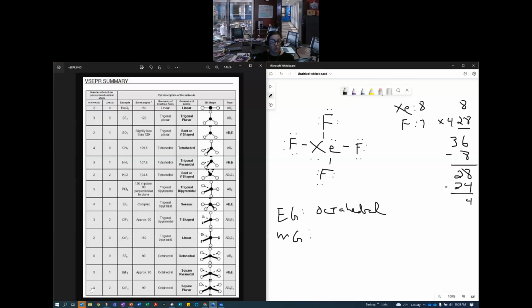So 4 bound, 2 non-bound, just like XeF4. We're still looking at approximately 90 degrees, an electron geometry of octahedral, and we call this square planar. And again, my angles, approximately 90 degrees.